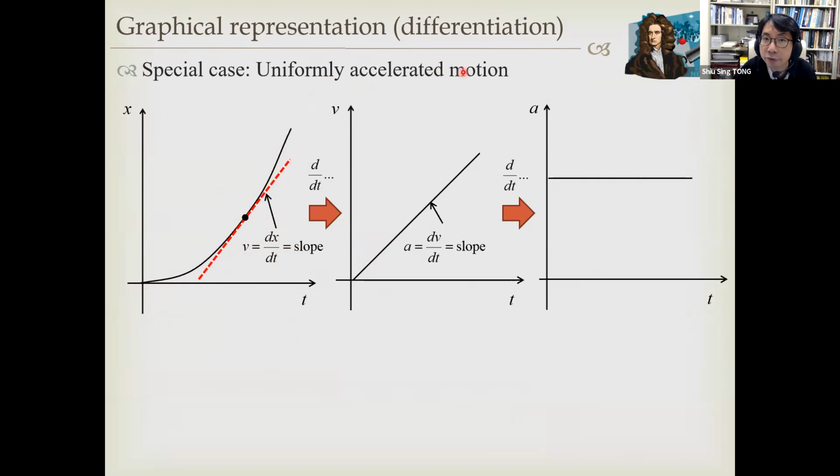For uniform accelerated motion, the velocity is a straight line, linearly increasing with t, v equal to u plus at. But we can find the slope of the velocity curve again, and the slope of the velocity curve gives me the acceleration. In the case of uniform accelerated motion, the acceleration is a constant, given by a horizontal line in the a-t graph. So in going from x to v to a, we do differentiation.